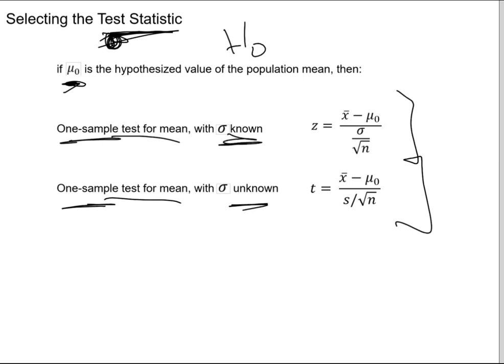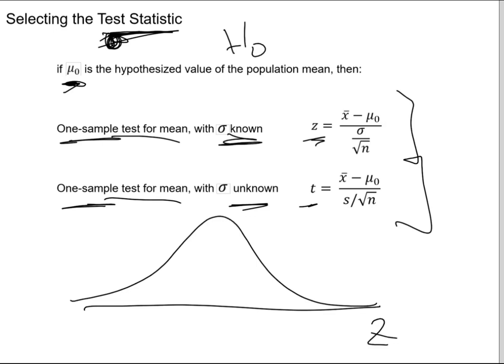This should sound a little bit familiar after we talked about these 90% confidence intervals, right? We've got the same kind of thing. Are we going to use a z value or a t value? Again, what does a z distribution look like? A z distribution is just a standard normal distribution, centered around 0 and symmetric, going out to infinity in both directions, and it perfectly follows the empirical rule.